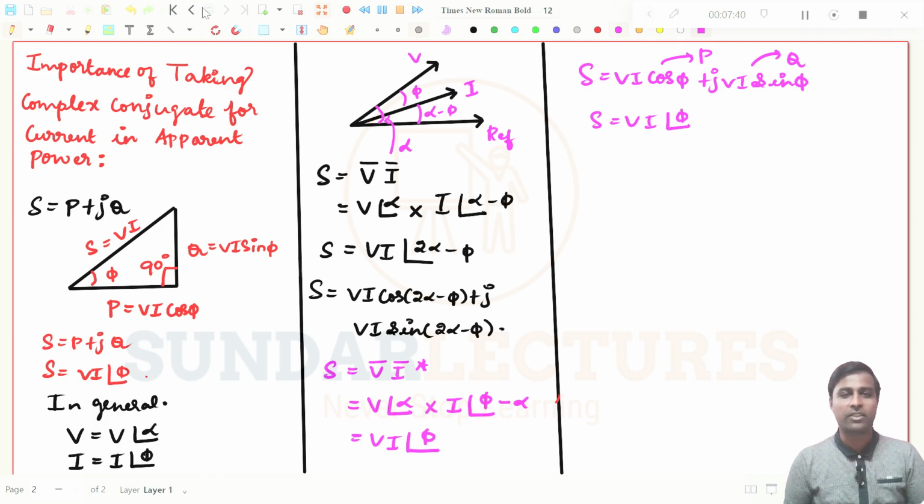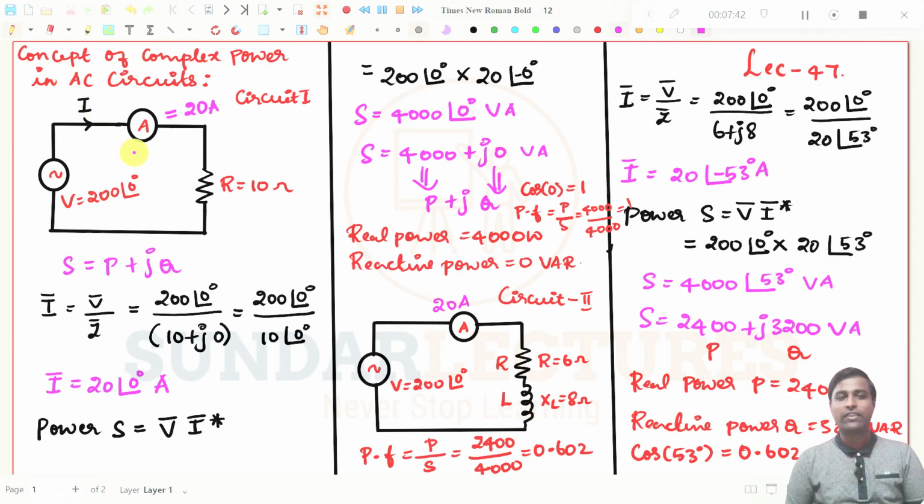So what are the topics we have seen today? We have taken two problems, two different circuits maybe, to understand the impact of real power and reactive power in AC circuits, and what the power factor exactly means, and why a supplier gives restrictions to industrial applications to keep the power factor above 0.8.